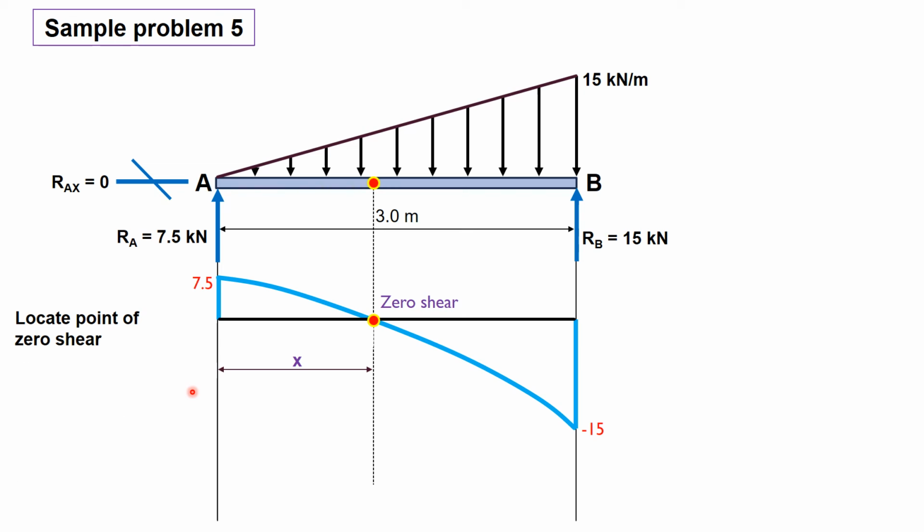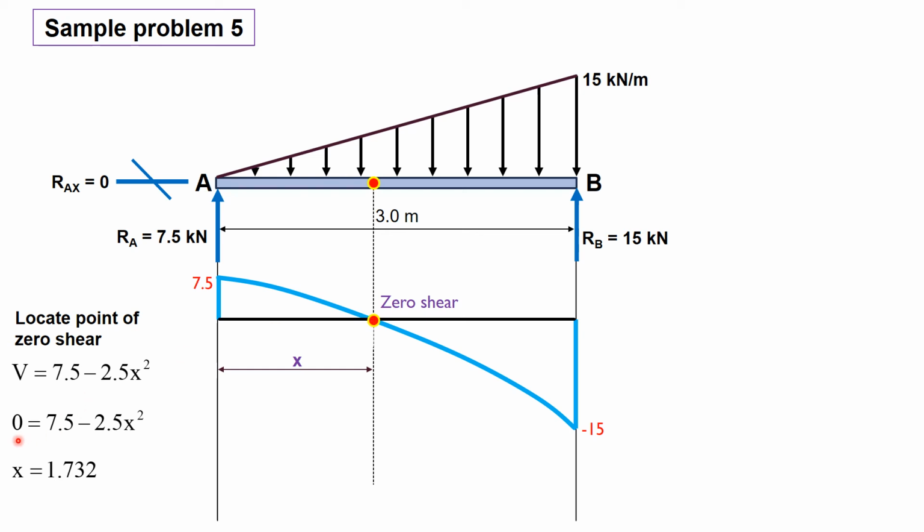And this is the solution for that. All you do is, using the same shear equation, set this to 0. For this segment, you have this equation, and for this distance x, you want to find the distance at which the value of shear is 0.